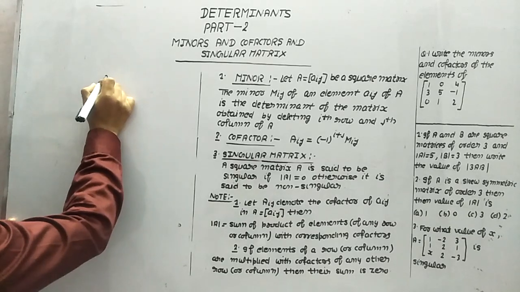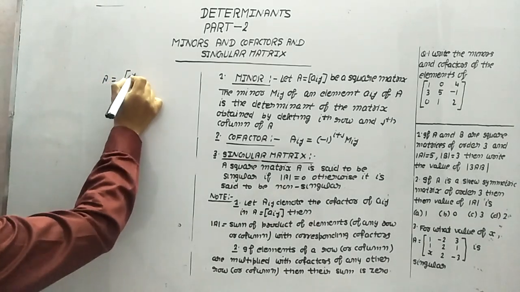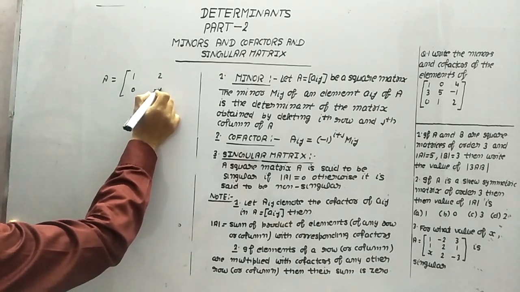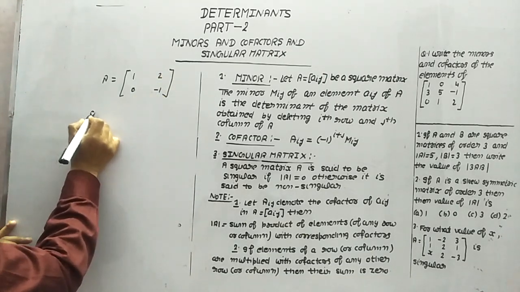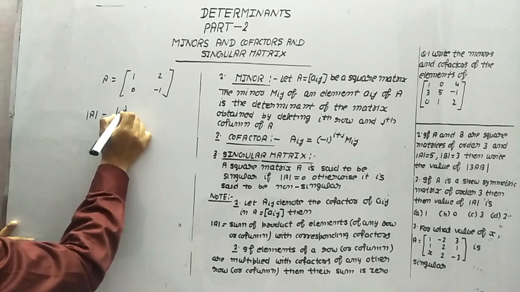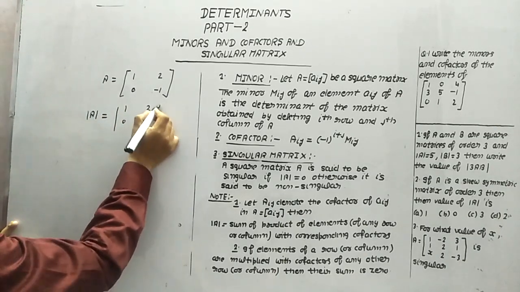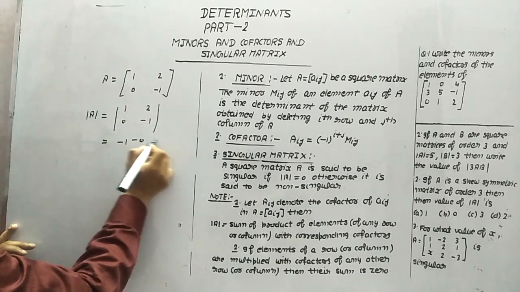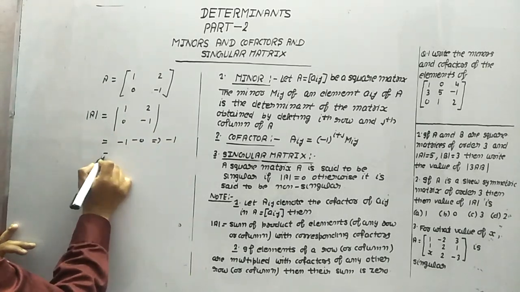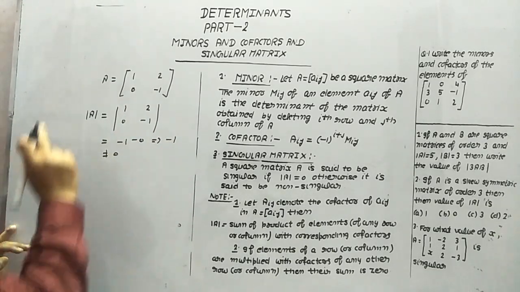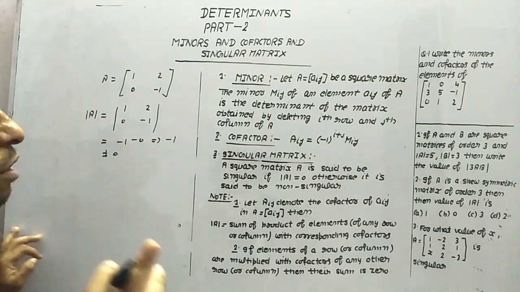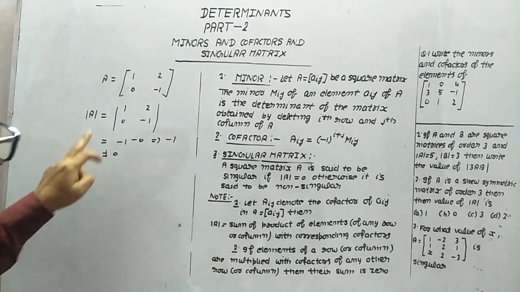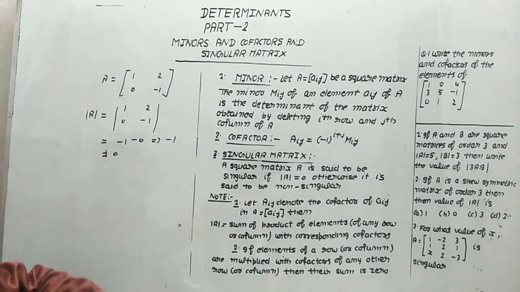Suppose I am taking this matrix A: 1, 2, 0, minus 1. Now I will calculate the corresponding determinant. 1, 2, 0, minus 1. What is this? Minus 1. Because the determinant is not equal to 0, the matrix A is a non-singular matrix. For a singular matrix, the determinant should be 0.